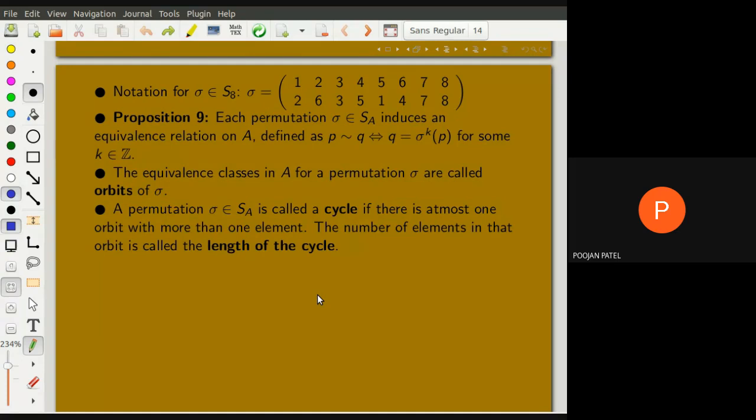Equivalence class of 2, equivalence class of 4. But they are in the same equivalence class, right? 2 and 4 are in the same equivalence class. Yes. 1 goes to 2, 2 goes to 6, 6 goes to 4, 4 goes to 5, 5 goes to 1. So all these elements are in the same equivalence class.